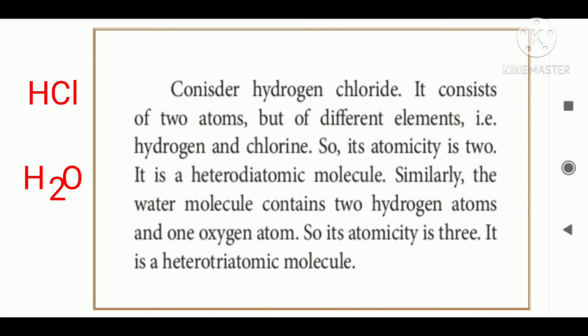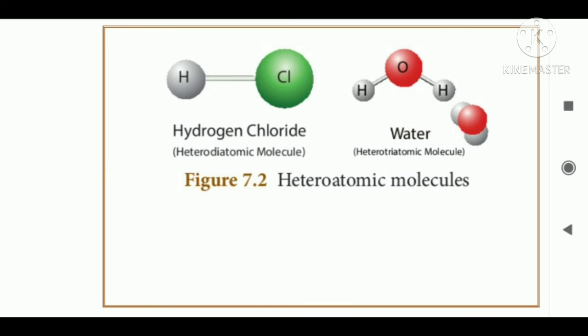triatomic molecule. Atomicity is nothing but the number attached below the atoms; where no number is attached below the atom, it is 1. For example, in hydrogen chloride, hydrogen has 1 atom and Cl has 1 atom. That is a heteroatomic molecule.